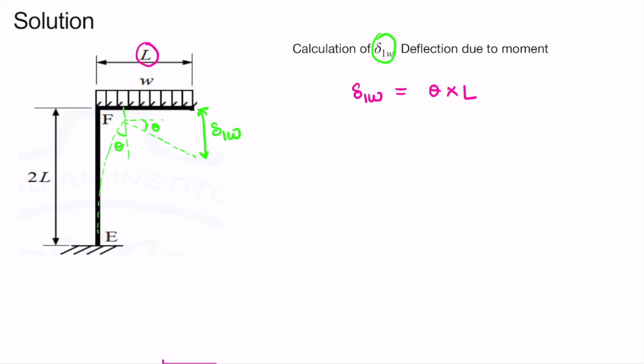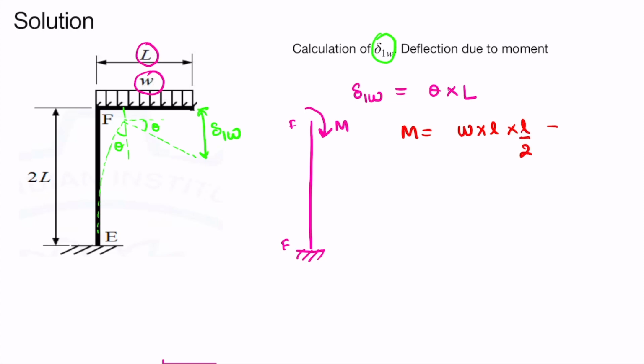For calculating delta 1W, we need to get the value of this theta. So let's find out the value of theta. I'm making this column FE again. FE is subjected to a moment. The value of that moment is due to this loading W. The value of this moment M is W into L by 2 into L, so the value of this moment will be WL squared by 2.